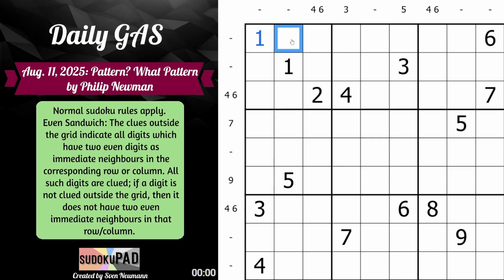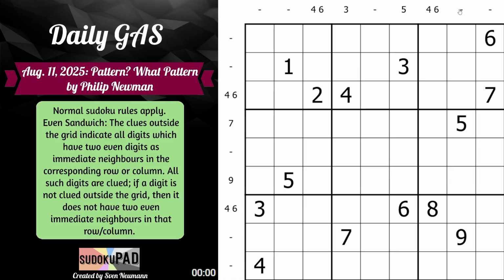And this was a 4, let's say. Then this wouldn't count. This wouldn't be clued. Even if this was the exact state of the board magically, this does not have two even neighbors in the grid. You don't get a wraparound or something like that here. So something to watch out for.